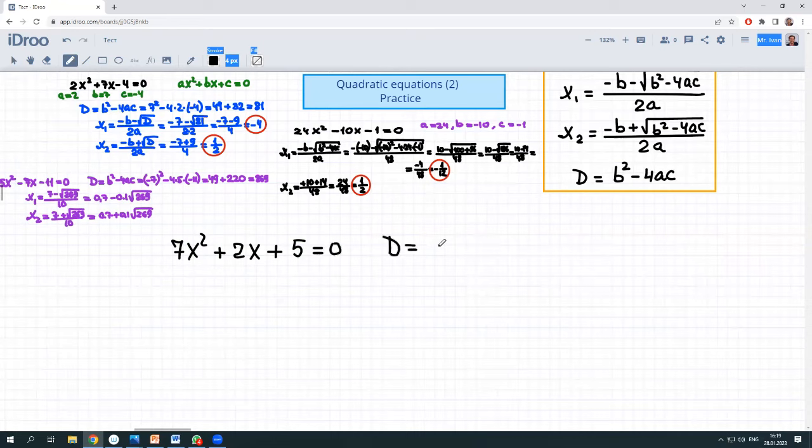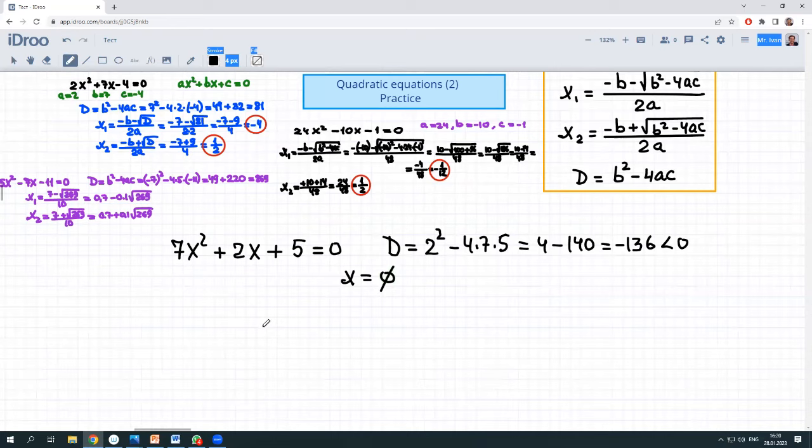So the discriminant, or D, is equal to 2 squared minus 4ac, 4 times 7 times 5, which is 4 minus 28 times 5, 140, which is negative 136, which is less than 0. And we cannot take roots in real numbers. So we could say no roots or no solutions, okay? X could be just an empty set, no solutions here. This is also a case.